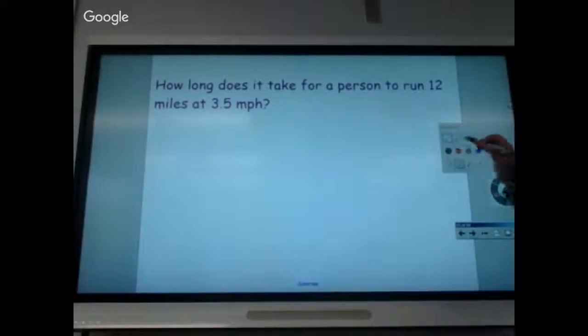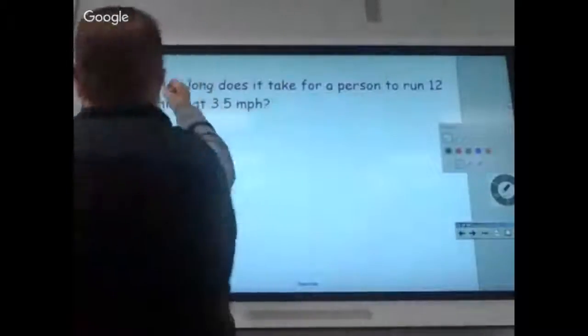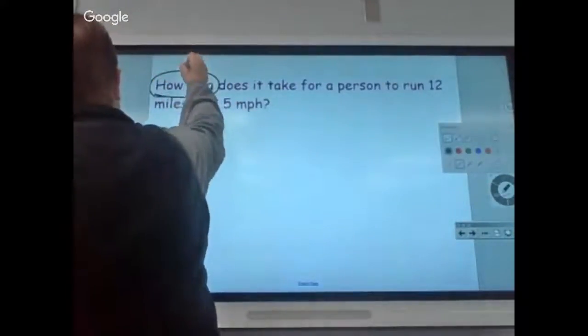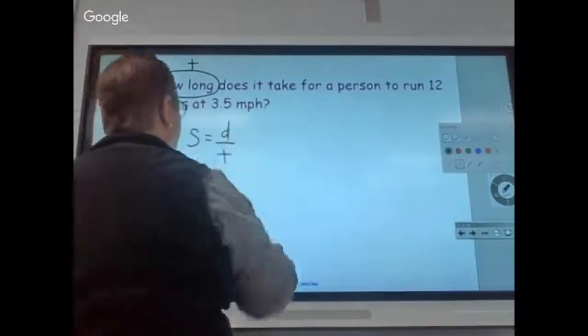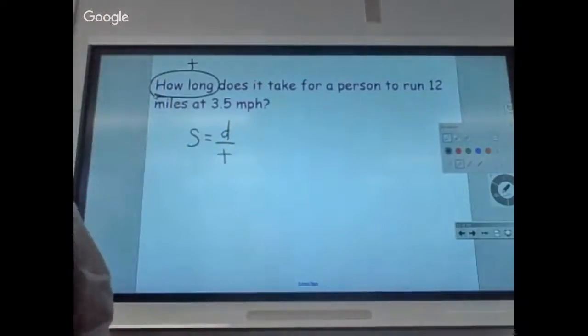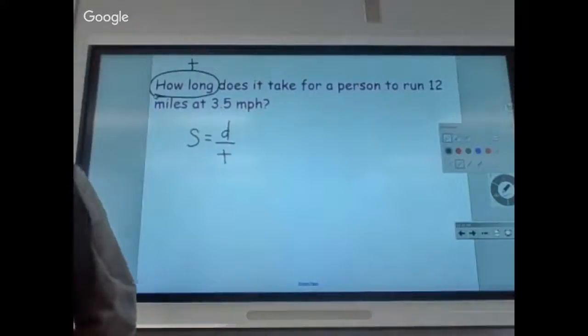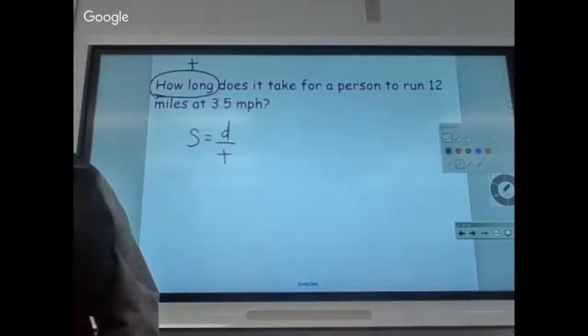All right, so what are we trying to find right here? When it says how long, what does how long mean? It means time. So speed equals distance over time. Now, the nice thing about my course, and you will hear me say this over and over again, is you're usually solving for one of three variables.